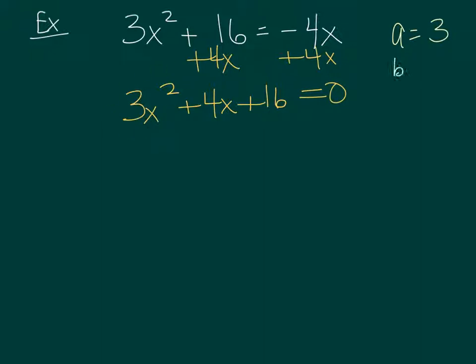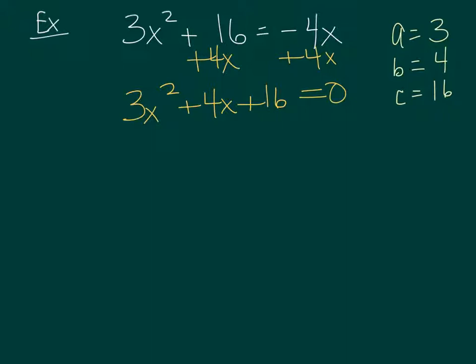My B value equals 4 because my coefficient of that x, now that I moved it, it wasn't positive, but I had to move it so it became positive, is the 4. And then my C value is equal to 16. All right, because again, that's the one that has no x values.